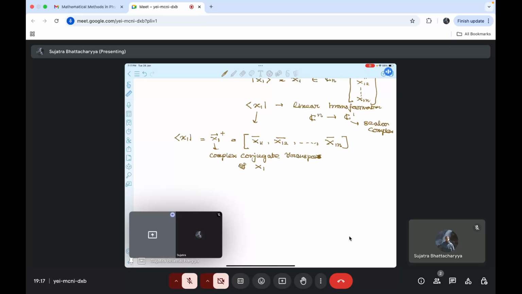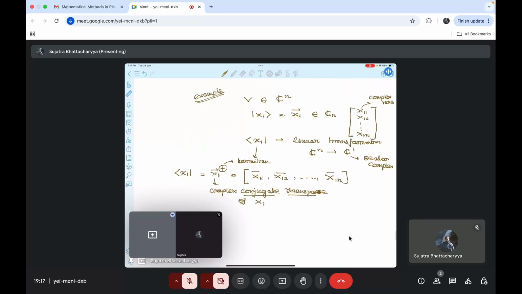Earlier, in case of real, it was only transpose. Now it is a conjugate transpose. So this dagger is a kind of Hermitian. The transpose is already written here because this is the actual vector, which is a column vector. Now it is a row vector because of the transpose, and these bars represent the conjugate.